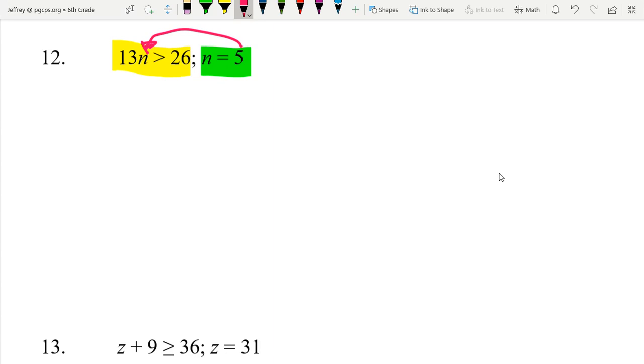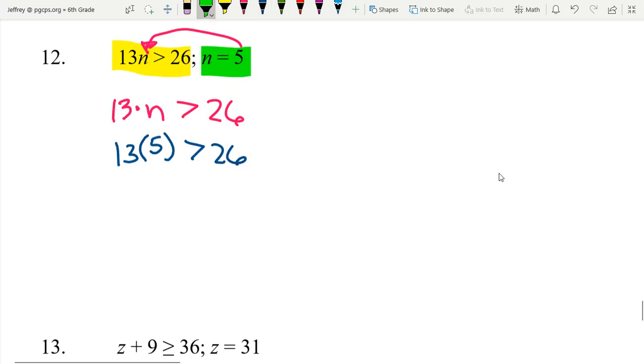Now, if we have 13n, this means it's a product of 13 times n, which is greater than 26. So 13 and n are being multiplied, so that means 5 should be multiplied into 13, which is greater than 26.